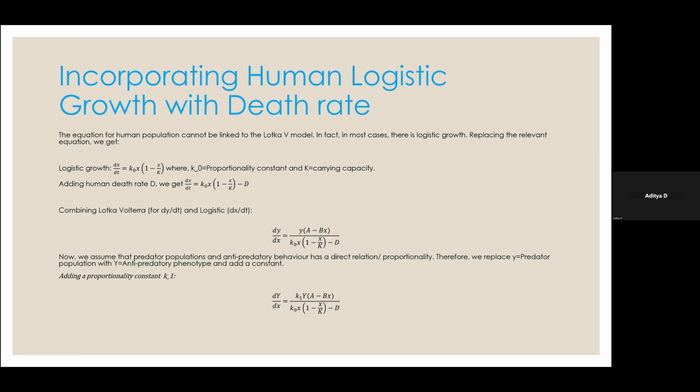So we incorporated the death rate into a logistic growth model and came up with a new dx/dt equation, which we incorporated into our old model and came up with the final equation for dY/dx on the last line, which represents the rate of change in anti-predatory phenotypes with respect to human population.